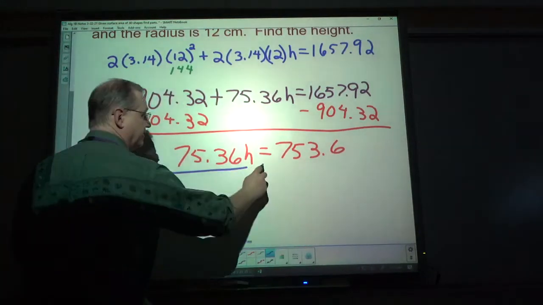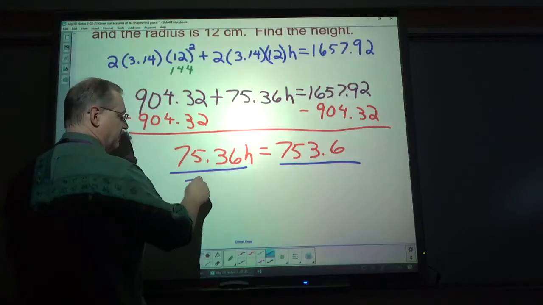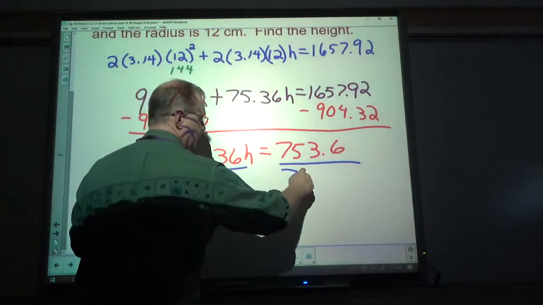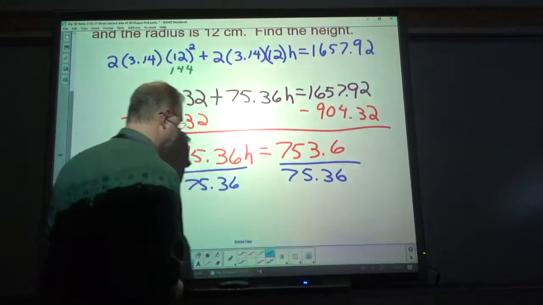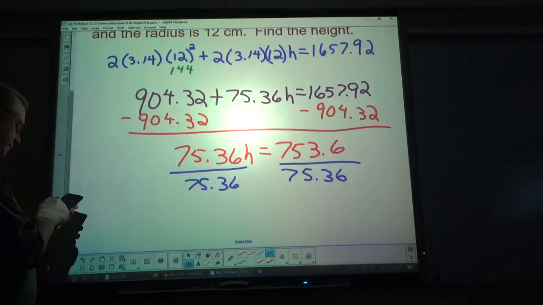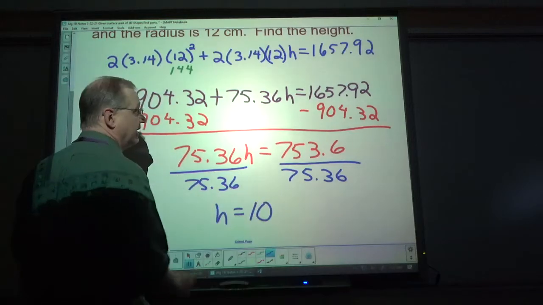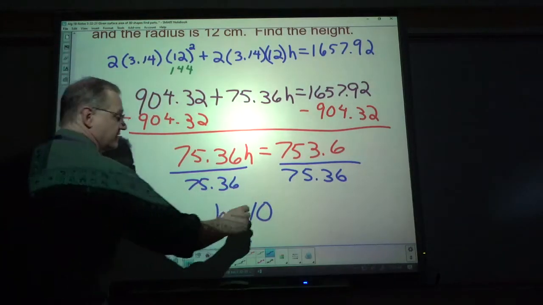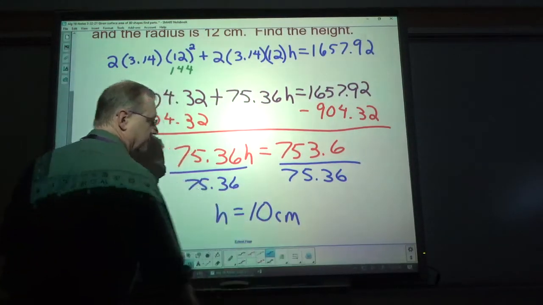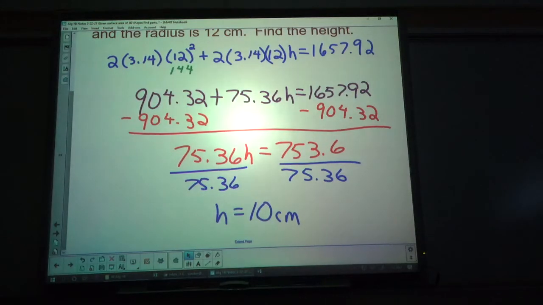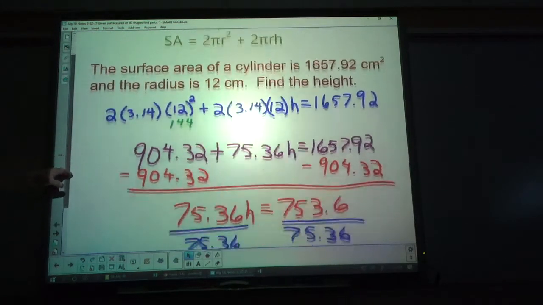So if I divide both sides by 75.36, I get H equals 10, and this is in centimeters. And that's how you're going to find the height given the radius of a cylinder.